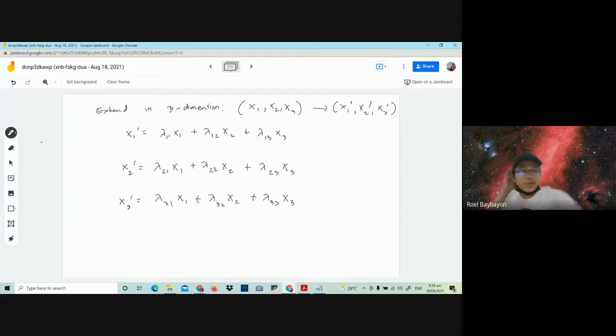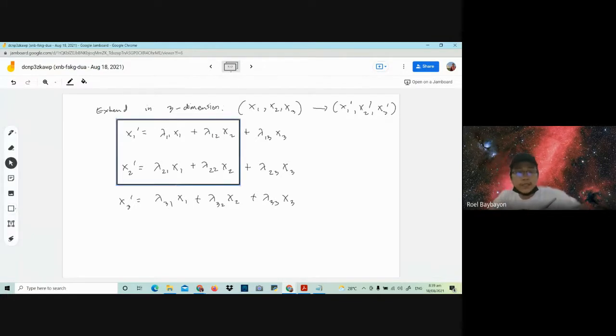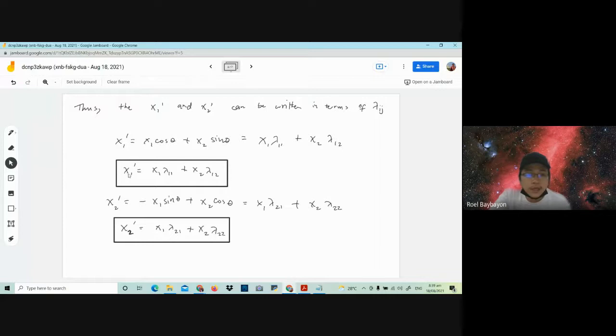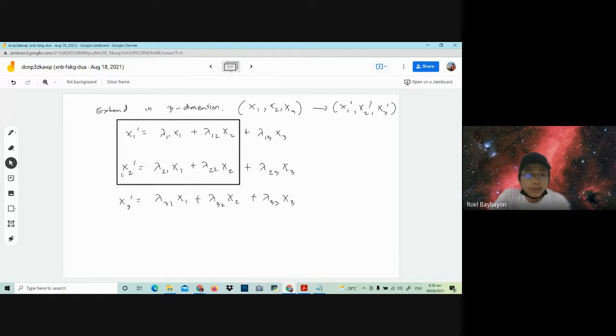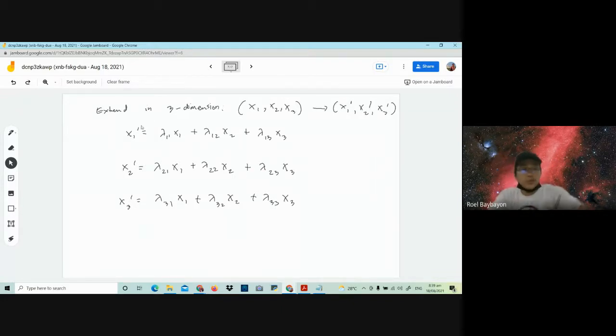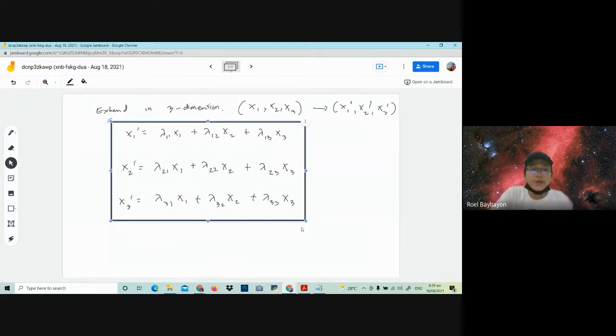This is right, isn't it? We derived this earlier and it matches what we had in 2 dimensions. The x1 prime is lambda 11 x1, lambda 12 x2, which we derived. But we can extend this in 3 dimensions, writing the primes in terms of the unprime coordinate system. Okay. So this is now the coordinate transformation in 3 dimensions.